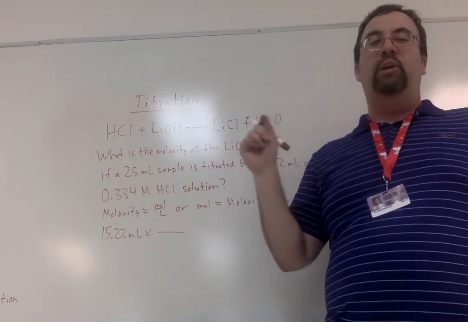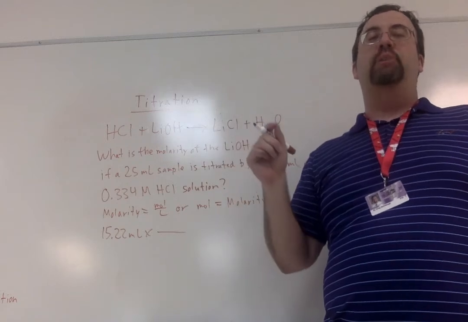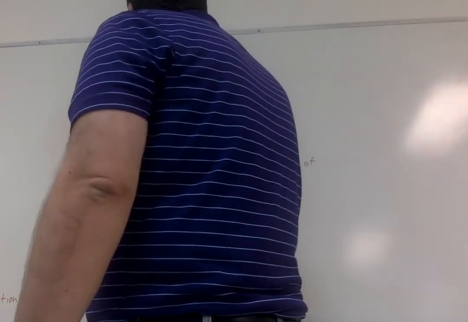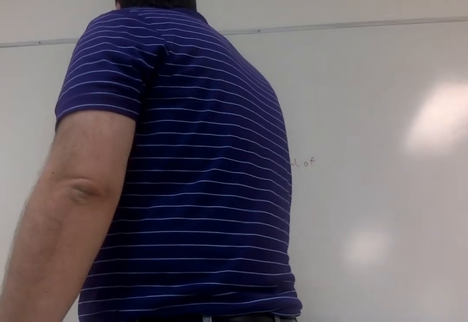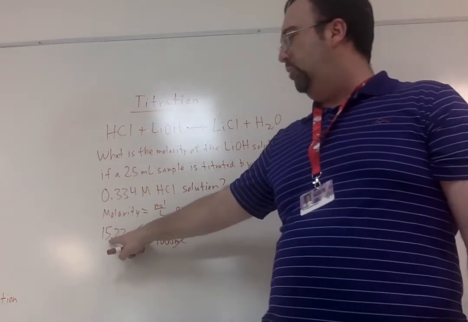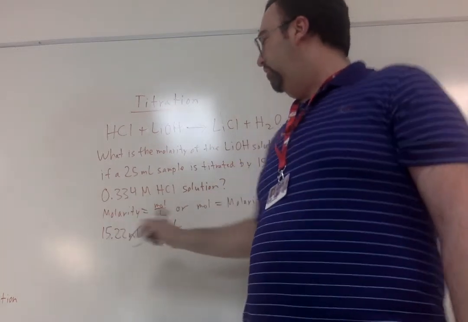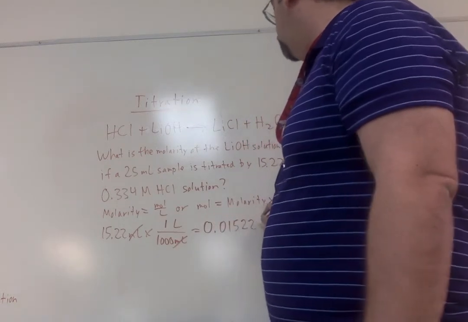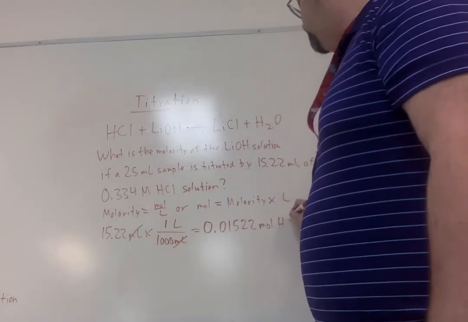We'll put the 1 liter on top so that the 1,000 milliliters goes on the bottom, and the units will then cancel out. When we're dividing by 1,000, we just move the decimal place to the left 3 times. And so we end up getting 0.005 mole of the HCl.